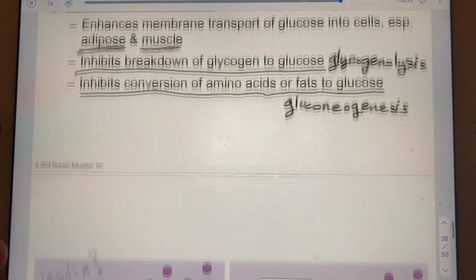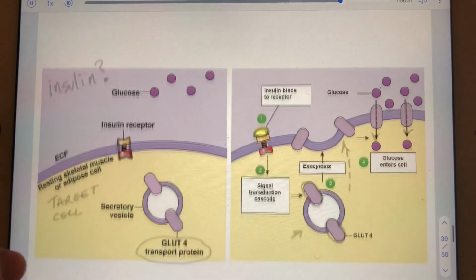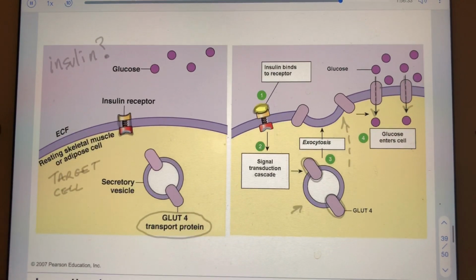Okay. Let's go to slide 39. This image is from the same publisher, but not the same book. This isn't in our book, unfortunately. But this image is really helpful because insulin and glucose uptake by cells, just fascinating.